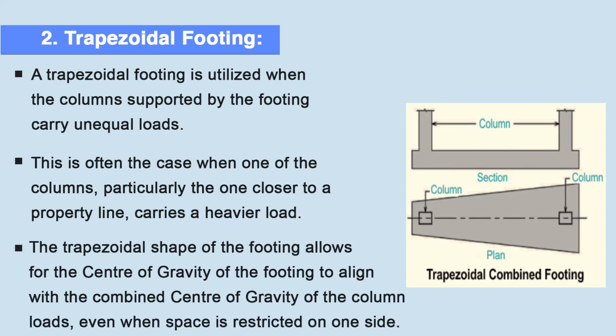The trapezoidal shape of the footing allows for the center of gravity of the footing to align with the combined center of gravity of the column loads, even when the space is restricted on one side. This alignment is essential to maintain balance and ensures that the load distribution is uniform across the footing.